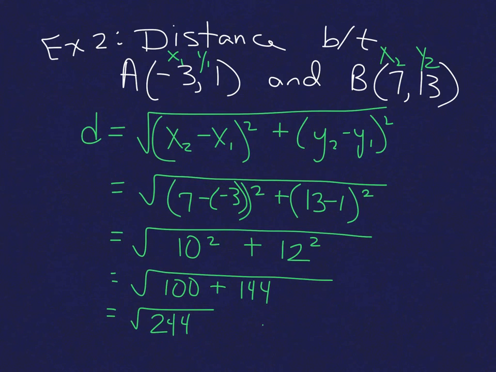Okay, so that's what we're going to do. We're going to round to the nearest tenth. So I would take my calculator and take the square root of 244, excuse me, and round that to the nearest tenth. Okay, and so if I round to the nearest tenth, it is 15.6. Okay, but of course you want to make sure that you are following your teacher's instructions. But most teachers in this specific unit will ask you to round to the nearest tenth.